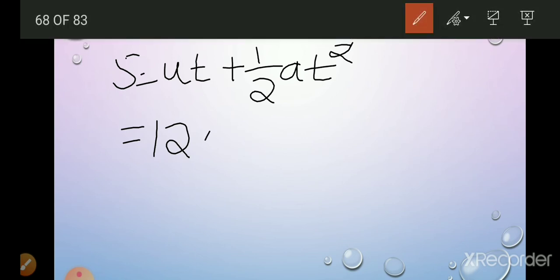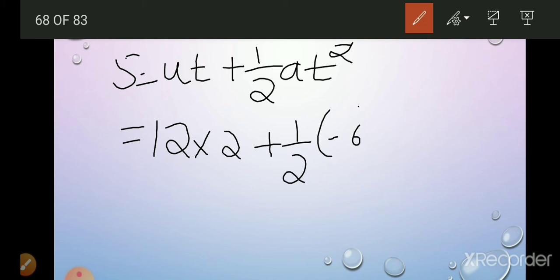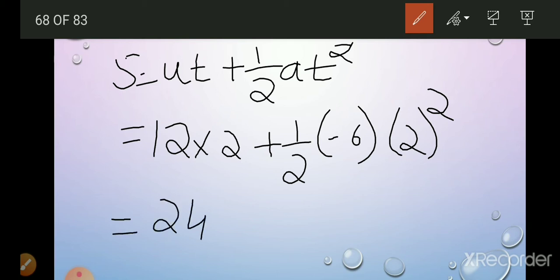Meter per second into time is 2 seconds plus half, acceleration is -6, time t is 2 seconds, so it is 2 square, which is equal to 12 into 2, that is 24, plus into minus, minus 6.